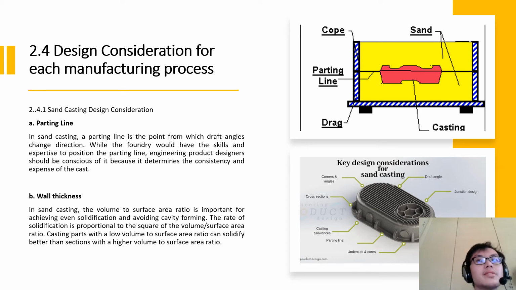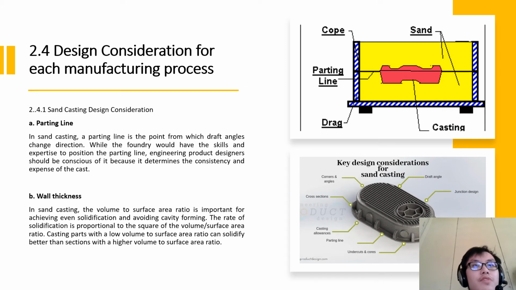The second one is wall thickness. In sand casting, the volume to surface area ratio is important for achieving even solidification and avoiding cavity formation. The rate of solidification is proportional to the square of the volume to surface area ratio.